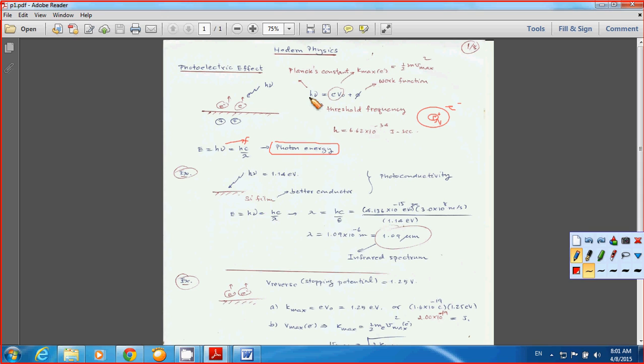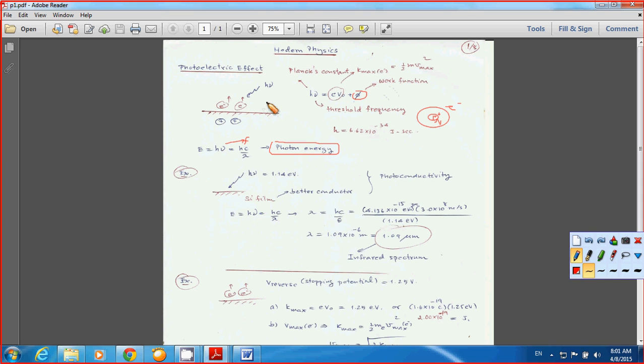The energy that is supplied to the system, in this case the material, is equal to the work function. Sometimes they call it the minimum energy required for an electron to be free, and this is what we call the work function.